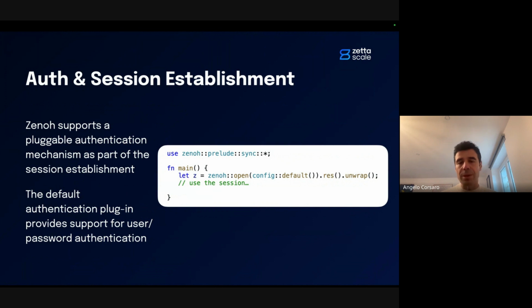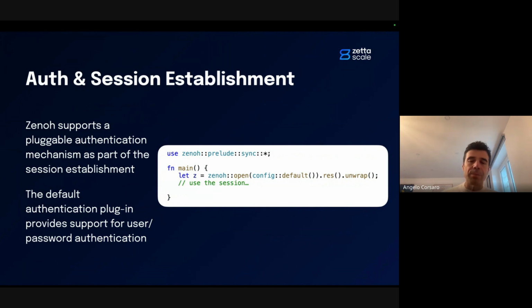The default implementation of this plugin provides support for user-password authentication. Now, I think this is important also in terms of security: the session opening in Zenoh is stateless. So there are cookies that are sent back and forth to make sure that if you are trying to open a session with me, I will not keep any state, but I will let you keep the state and eventually get back to me with a proper cookie.